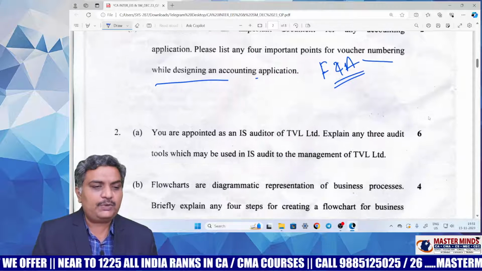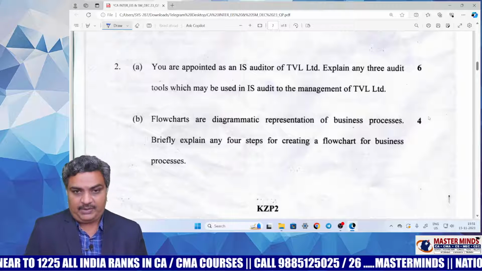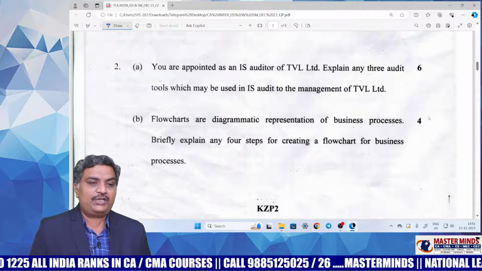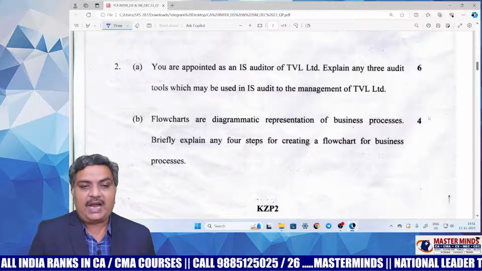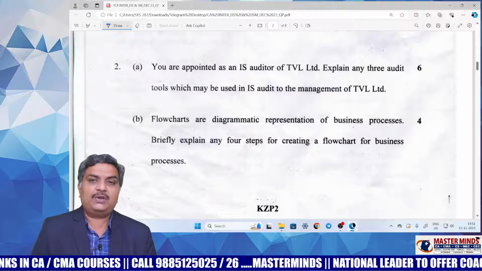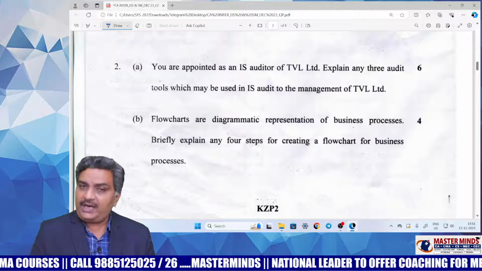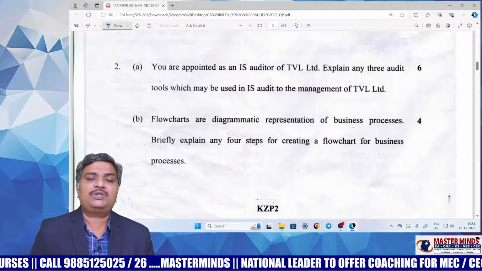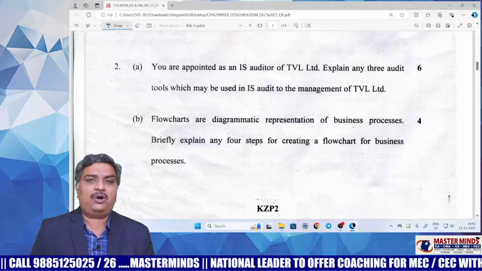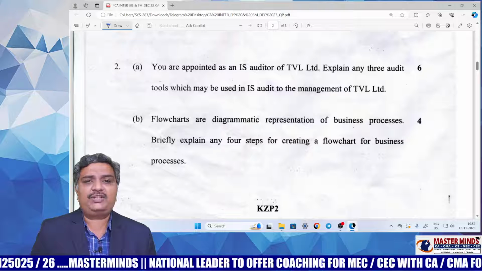Now coming to the next question: you are appointed as an IS auditor of TVL Limited. Explain any 3 audit tools which may be used in IS audit to the management of TVL Limited. This is again a very expected question, a very important question. You have tools like snapshots, continuous evaluation techniques.